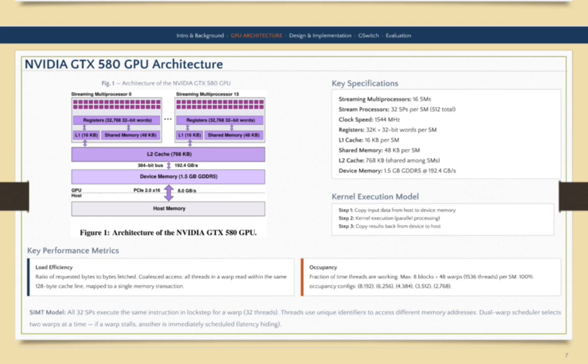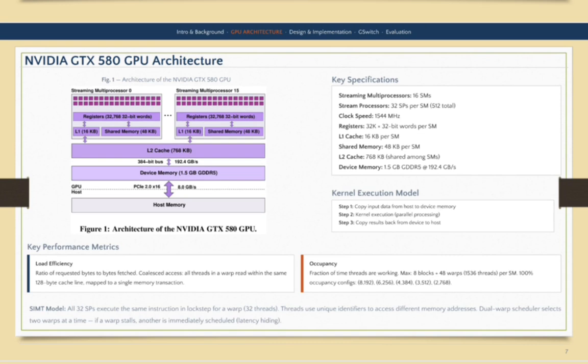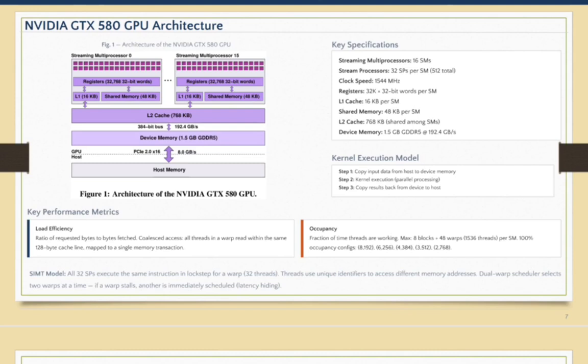8. This section explains the three packet classification algorithms implemented on the GPU. The first algorithm is linear search, which compares packets with all rules but becomes slower as the number of rules increases.